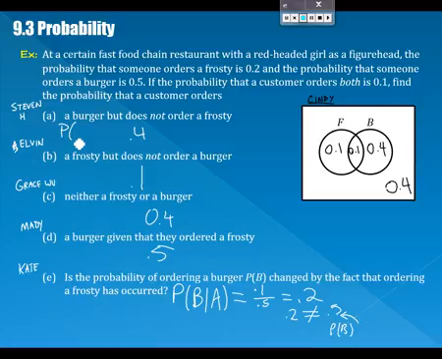Thomas, go ahead. A and B complements. Okay, and what do we have? I'm using F and B. So F complement and B. B and not F? Yes. Okay.